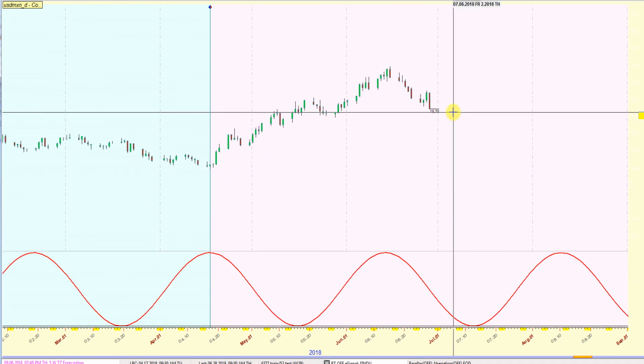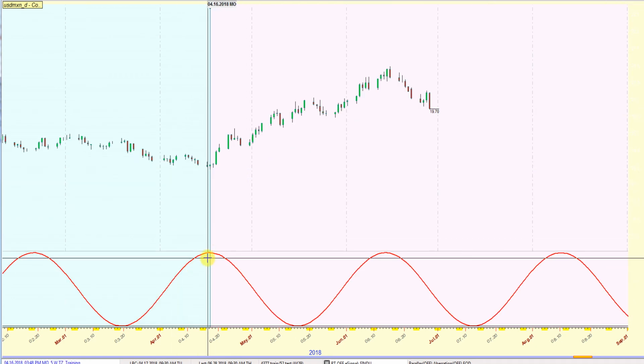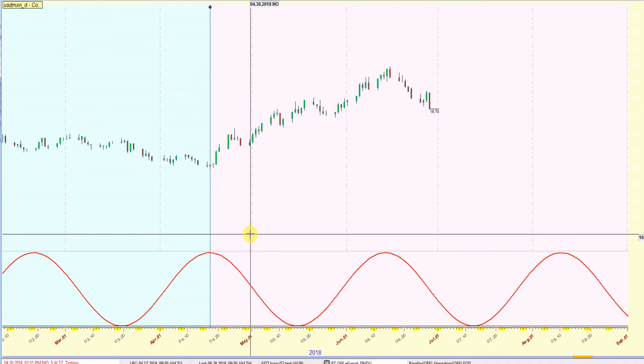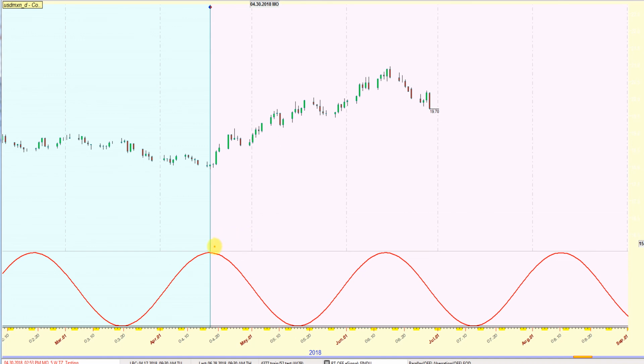Using cycle analysis, you can see that we made a swing low here. And don't get confused. This is a lot of things traders get confused. They think when they see that on the top, that means that prices should have gone like this and then go like that.